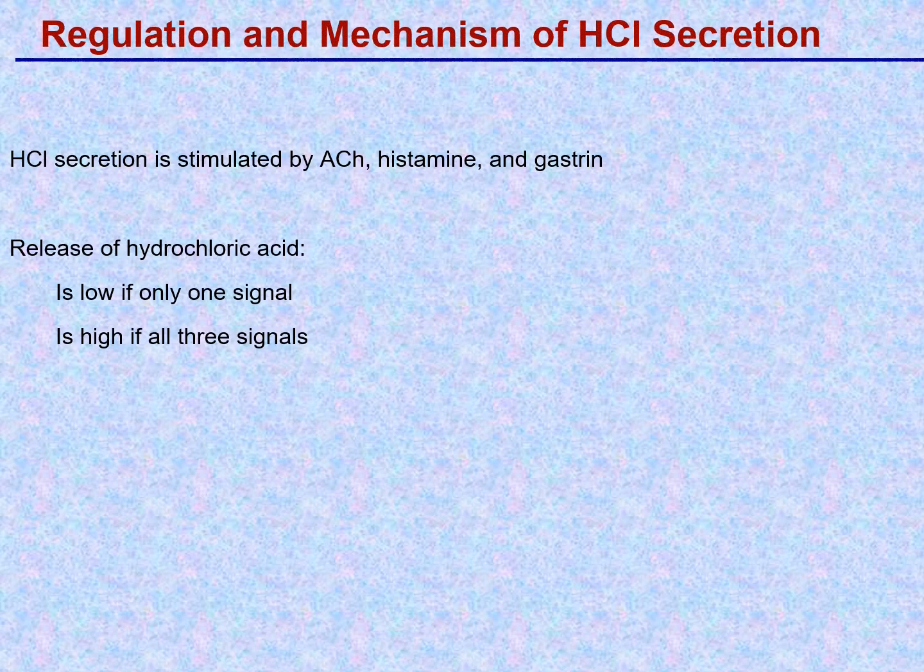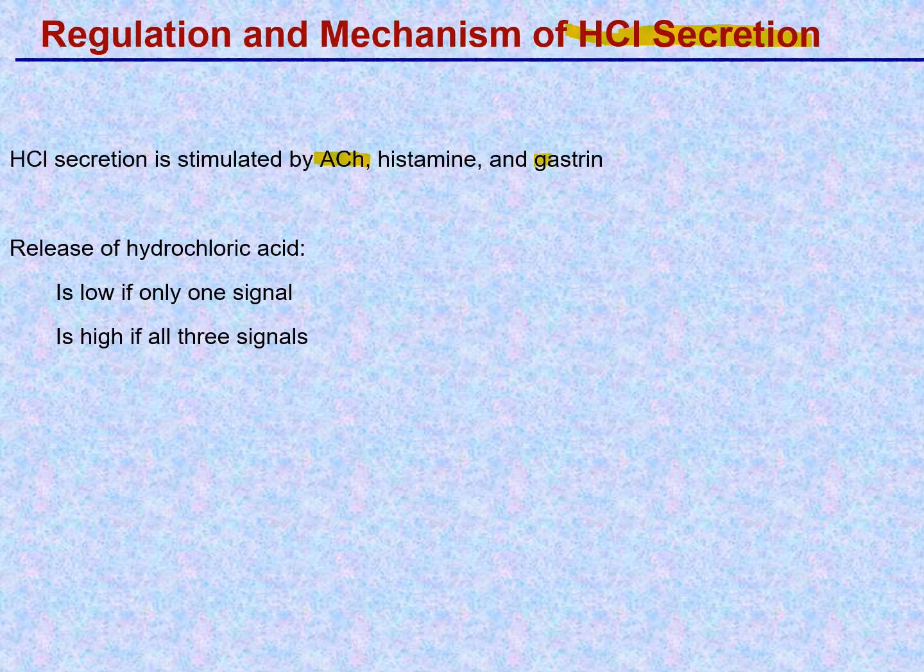So all physiological systems are regulated. I've already spoken about how some regulation occurs, but let's talk more specifically about regulation of hydrochloric acid secretion from the chief cells. It can be stimulated by a neurotransmitter called acetylcholine.